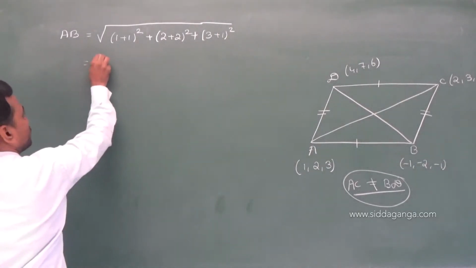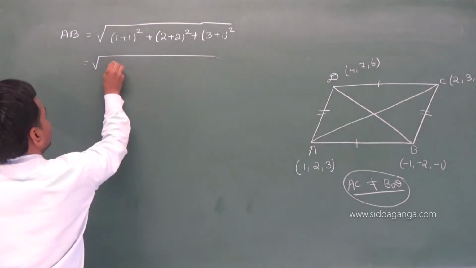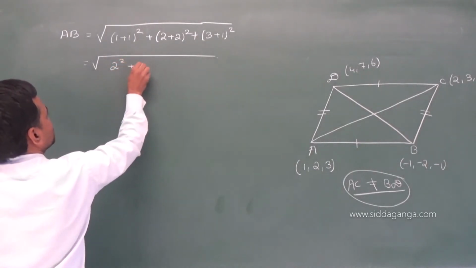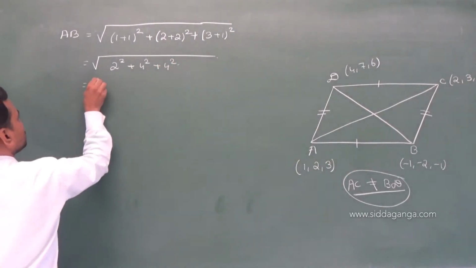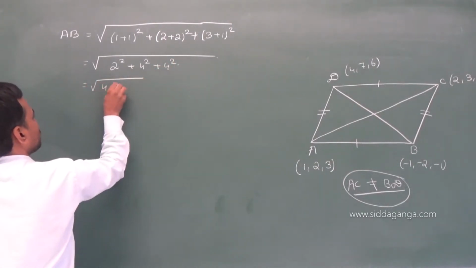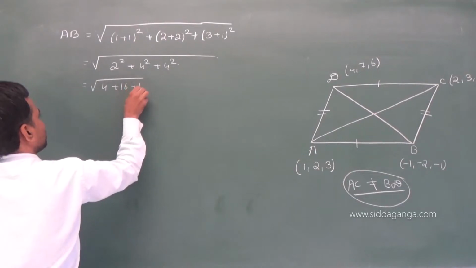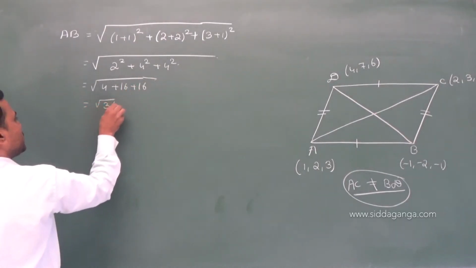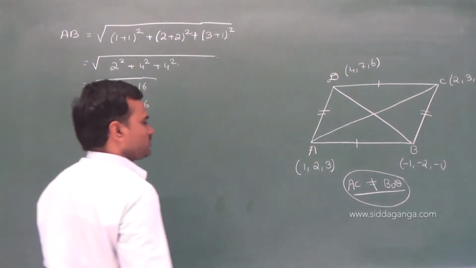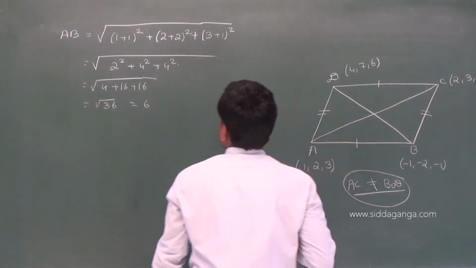That is equal to 2 square plus 4 square plus 4 square. 2 square is 4 plus 16 plus 16. Correct? So root 36, it is 6. AB is equal to 6.